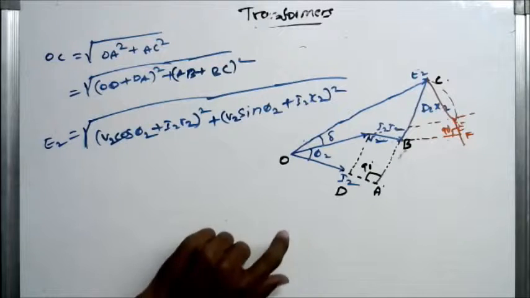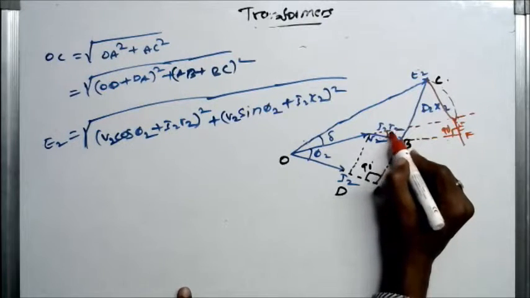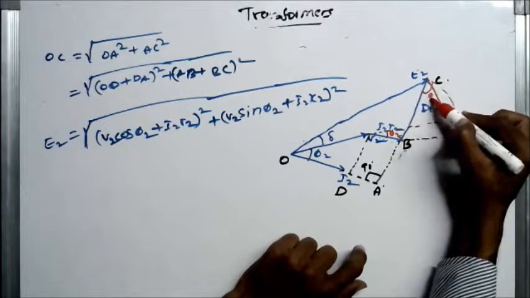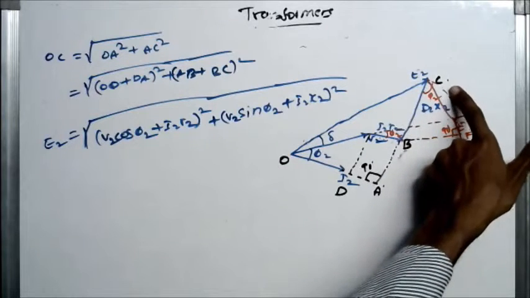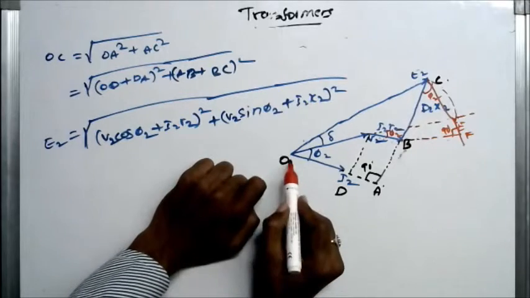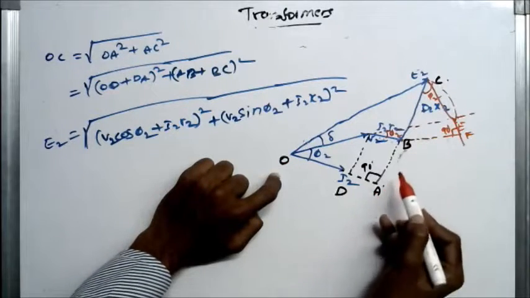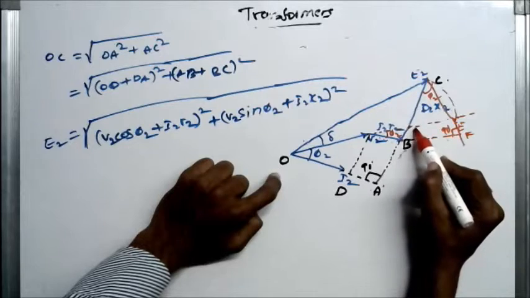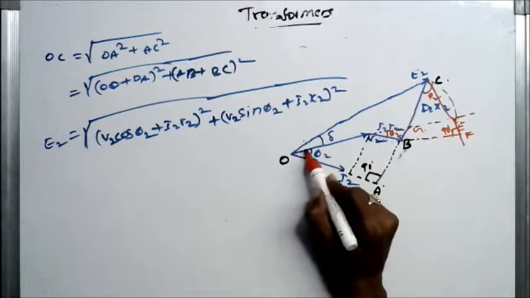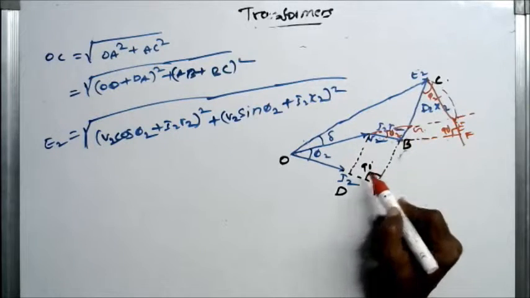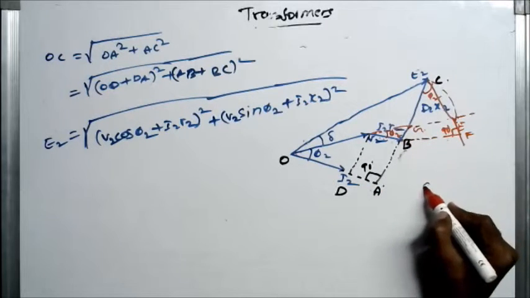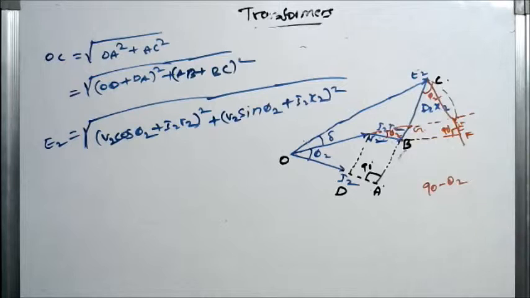Now this is phi 2, is it? This also is phi 2. How is this phi 2? See here, by seeing the triangle OA and this, I will mark this as point G. See here, this triangle OAG, the angle at G is equal to 90 minus theta 2, or 90 minus phi 2.